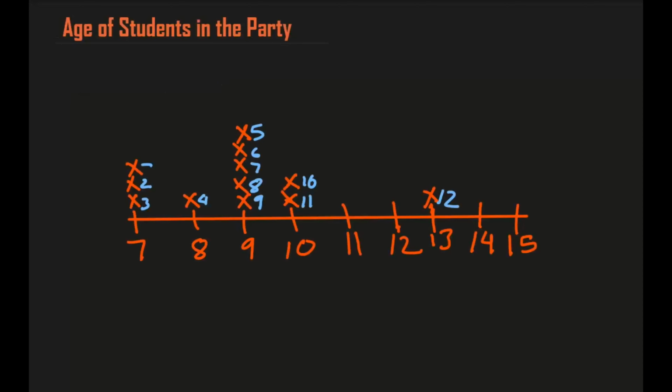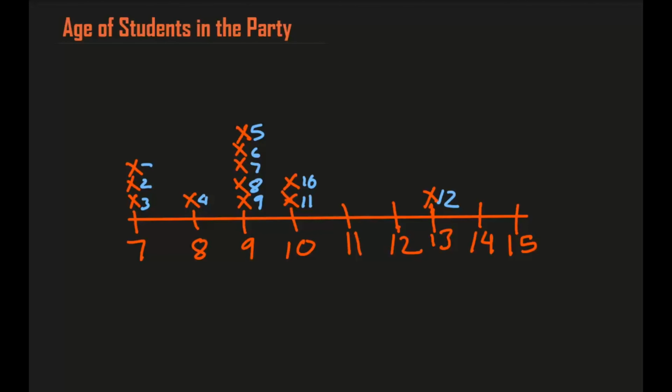Let's go back to our line plot. Here, as you can see, most ages are between 7 and 10. Everyone is between 7 and 10. And there's this one person that is 13. That is the most different from all of these ages. That is why our outlier is going to be 13.